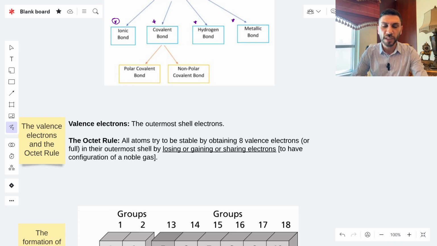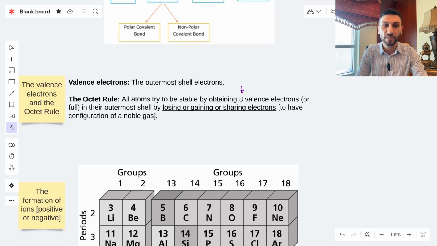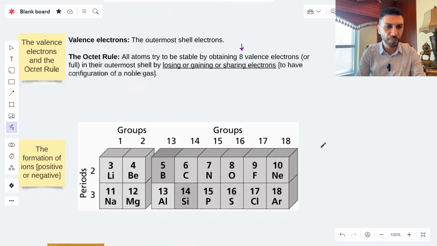And the octet rule says that all atoms are trying to be stable by obtaining 8 valence electrons in their outer shell, by losing electrons, gaining electrons, or sharing electrons, in order to have the configuration of a noble gas. And we all know that the noble gases are the gases in group 18, and they are stable because they have 8 electrons in their outer shell.